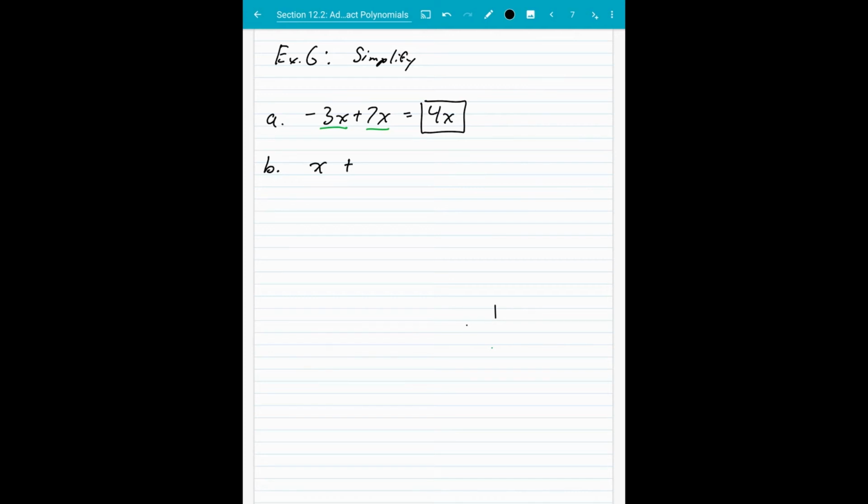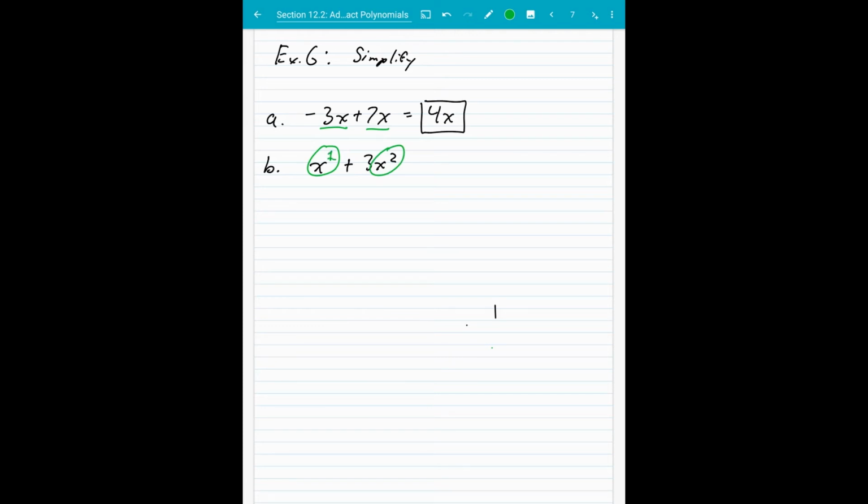For b, x plus 3x squared. Here, on the other hand, we need to make sure this whole thing and this whole thing are the same. On a, x and x are the same. But on b, x and x squared are not the same. It doesn't matter if this and this are the same. The entire base and the exponent have to match. This exponent up here is a 1.